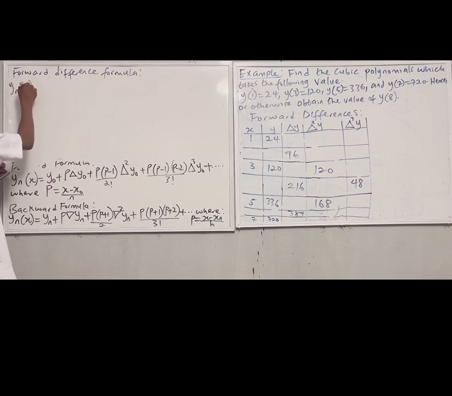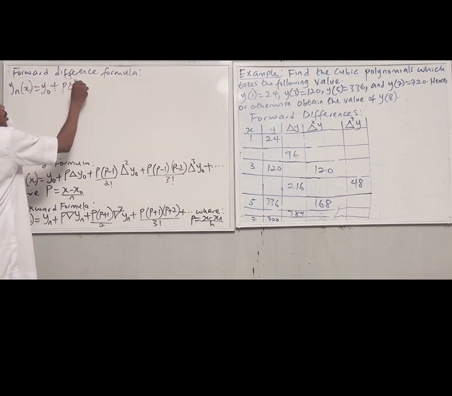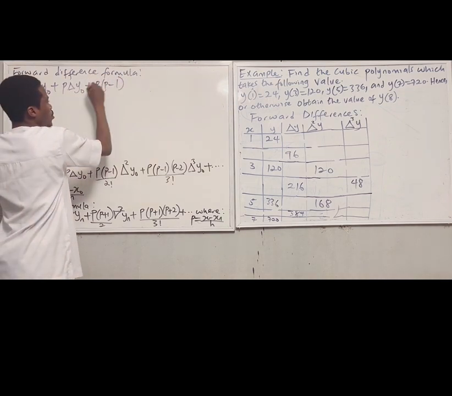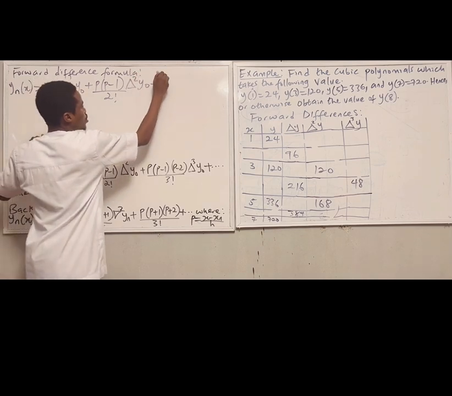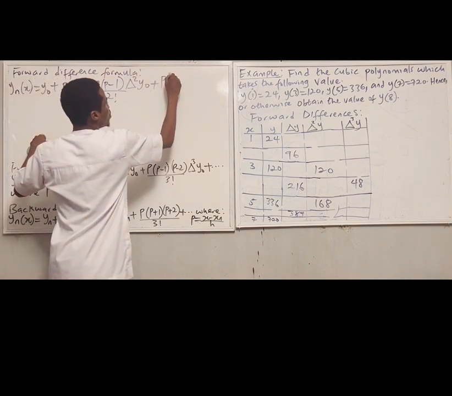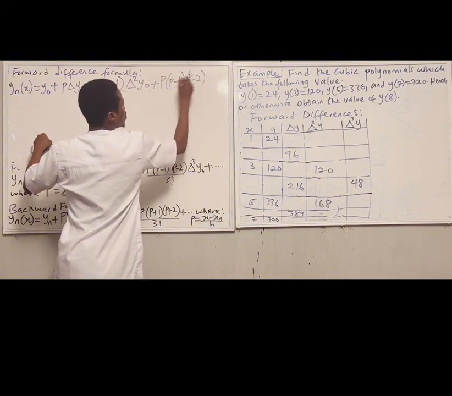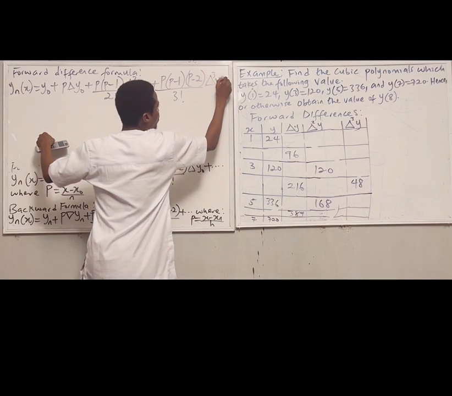Yn of x is equal to y naught first, plus p changes in y naught, plus p times (p minus 1) all over 2 factorial d2 y naught, plus p minus 1, p minus 2 all over 3 factorial d3 y naught.